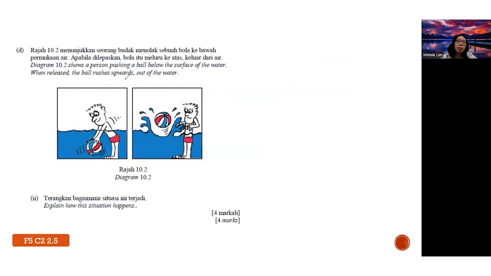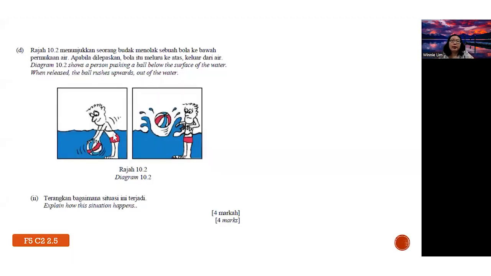Okay, so diagram 10.2 shows a person pushing a ball below the surface of the water. When released, the ball rushes upward out of the water. Explain how this occurs. Okay, so why does it move up? Of course, generally, when you release, why will an object move up?